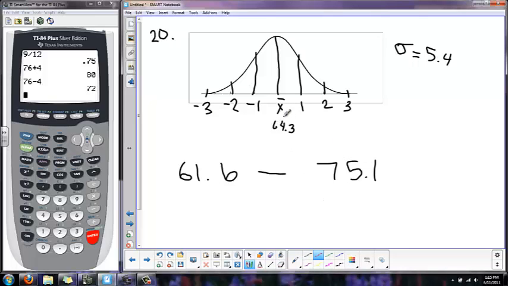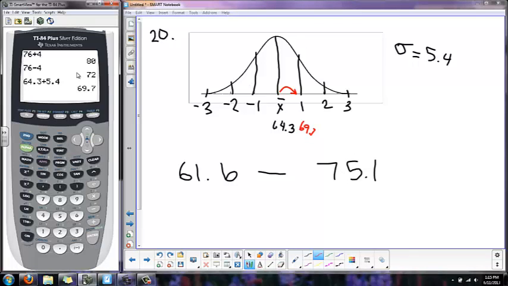So in order to go in the positive direction from here to here, you need to add on the standard deviation. So 64.3 plus 5.4. That gives me a 69.7. Have I hit 75.1 yet? No. So let's try to do it again.